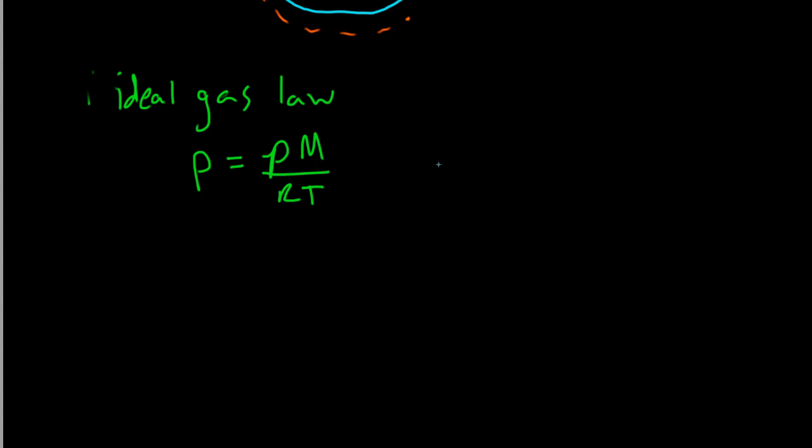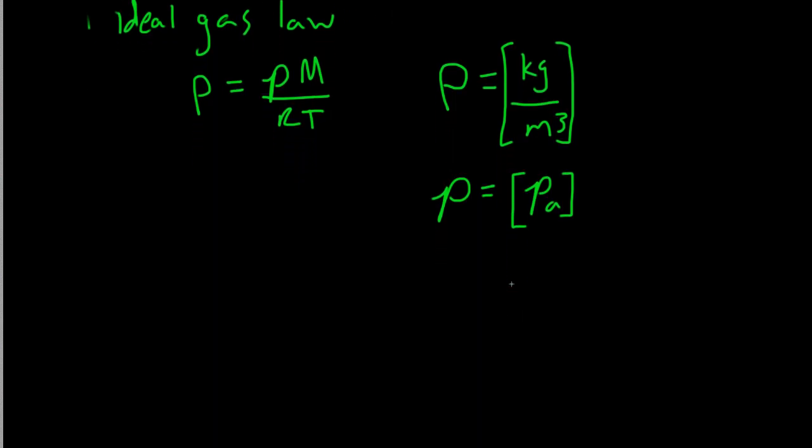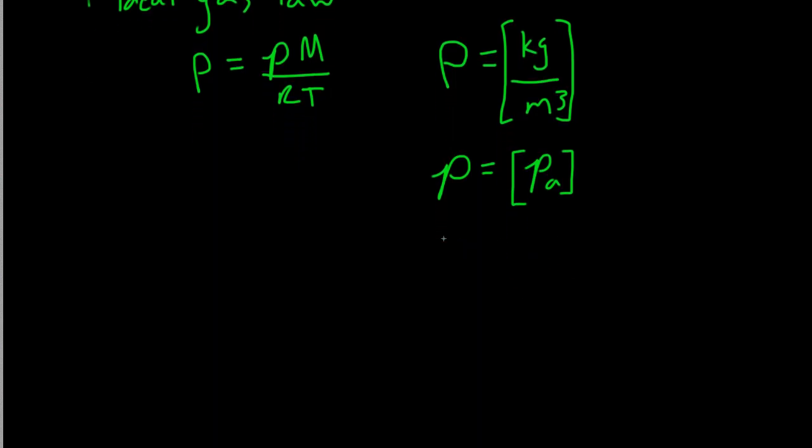In this form, the Greek letter rho represents the density in kilograms per meter cubed. The P represents the absolute pressure measured in pascals, which is a Newton per meter squared. And the T represents the thermodynamic or absolute temperature measured in Kelvin.